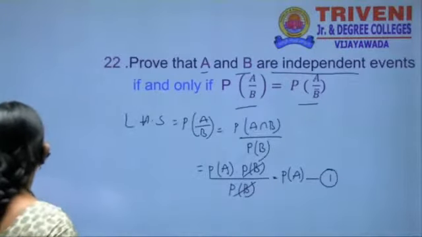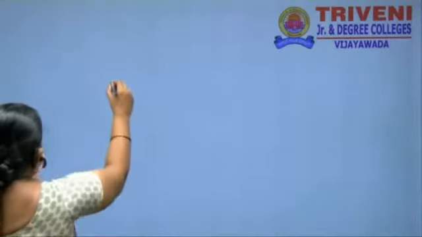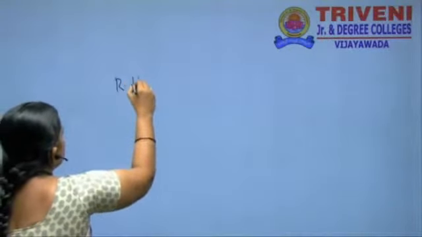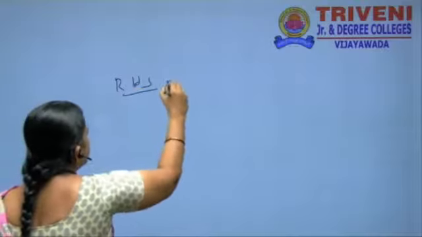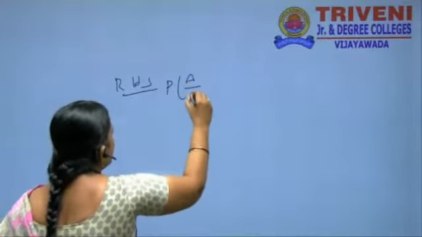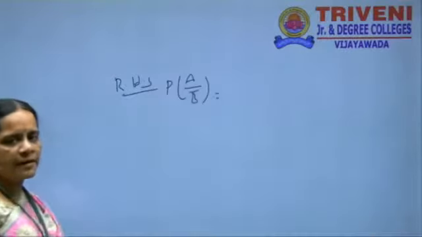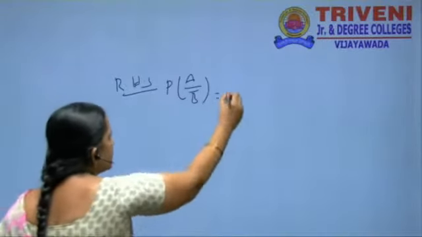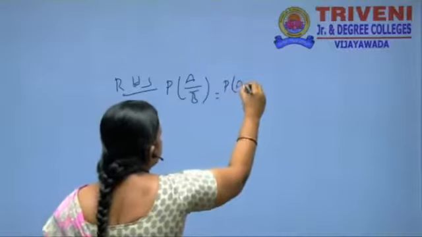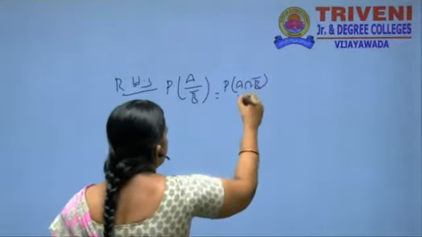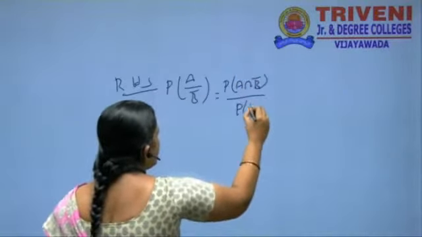Then we take the RHS. RHS is P of A by B bar, or B complement. This also uses the multiplication theorem: P of A intersection B bar by P of B bar.